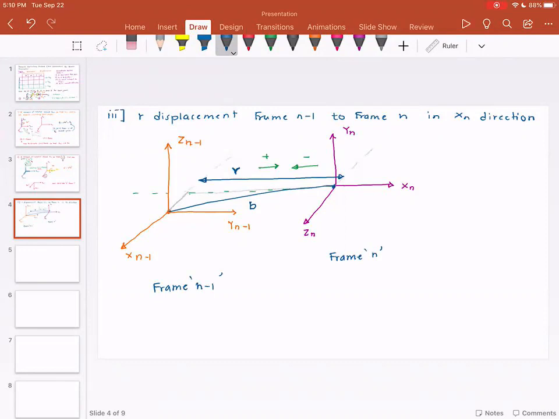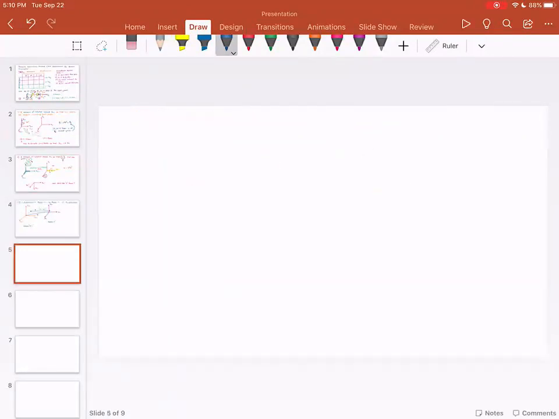So if you are going to go in the same direction as xn, that displacement will be positive. If you go in the opposite direction, it will be negative. Now I need to write down the last rule, which is rule number 4, which is called d displacement.